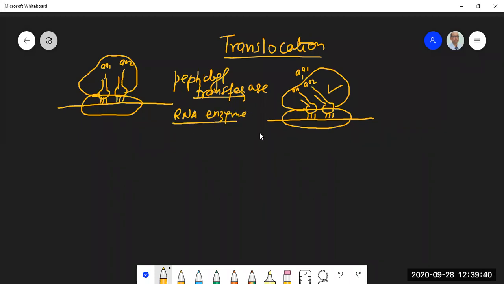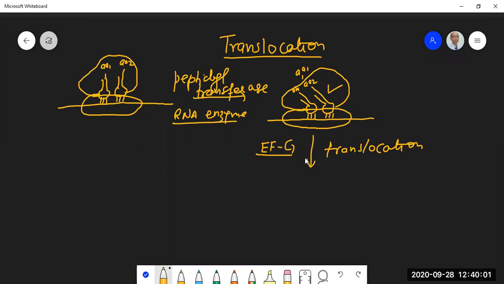The 23S ribosomal RNA of the large subunit participates in this particular activity. So the next step is translocation, and it is catalyzed by a factor called elongation factor G.